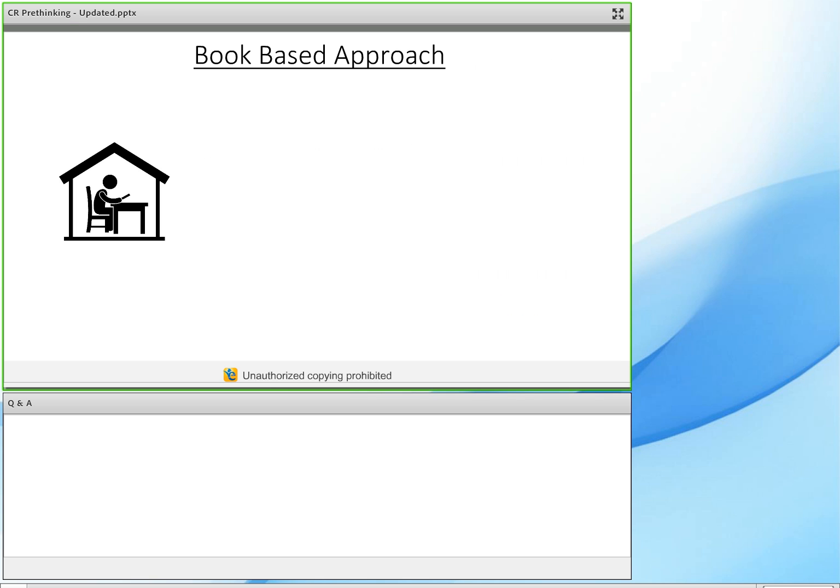Let's see how a book-based approach solves this problem. Now, a book-based approach is all about autonomy, which means that you get to make a lot of decisions when you follow that approach. What it really means is that when you start studying using a book-based approach, you don't get any personalized study plans. A book gives you a couple of study plans, and essentially you need to decide which one is more suitable than the other.